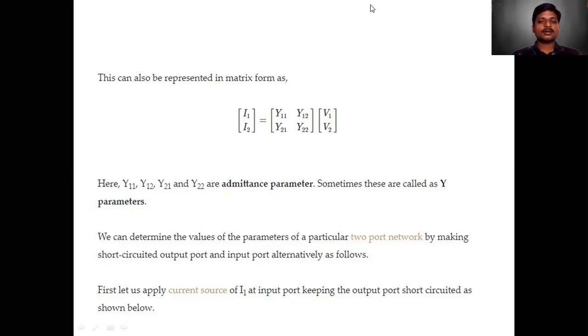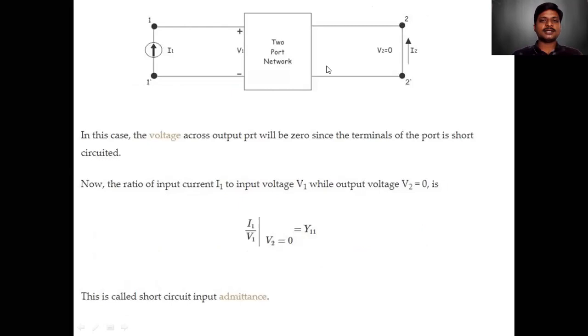Or simply Y parameters. We can determine these values by making a short circuit, so you call them short circuit parameters. Here in this network, you can see the output port is short circuited, which means voltage V2 will become 0, but there is some current I2. So when V2 is 0, you just substitute V2 equal to 0 in this characteristic equation.